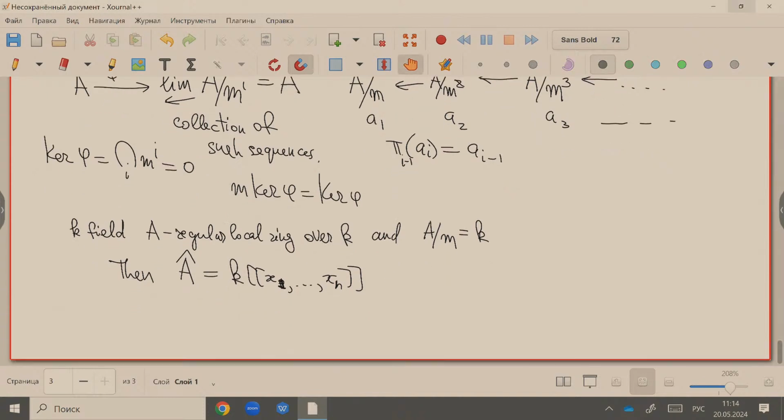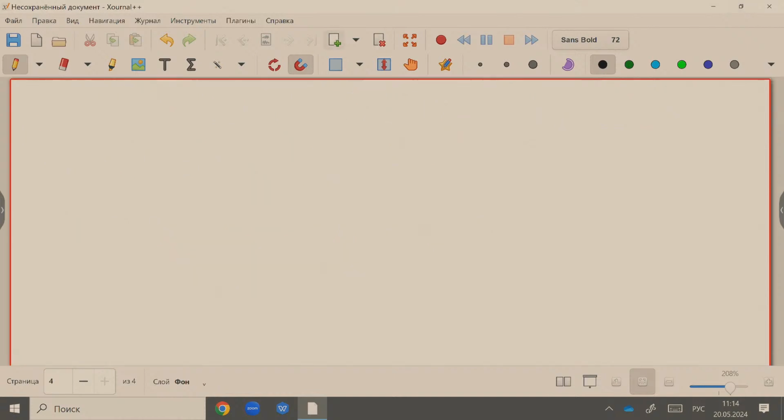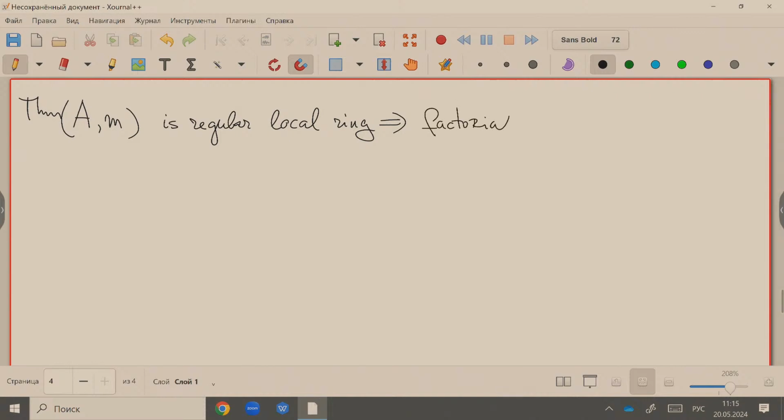However, there are still some assumptions. Also, regular local rings are factorial. This is a more complicated theorem: if A is a regular local ring, then it is factorial, meaning a unique factorization domain.